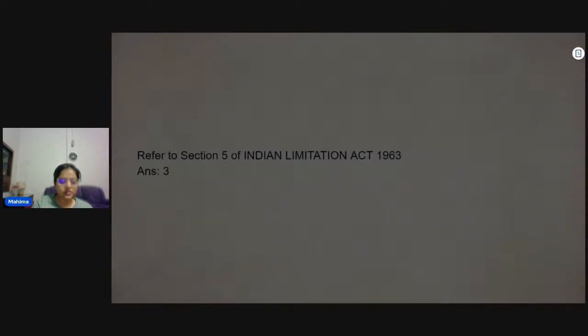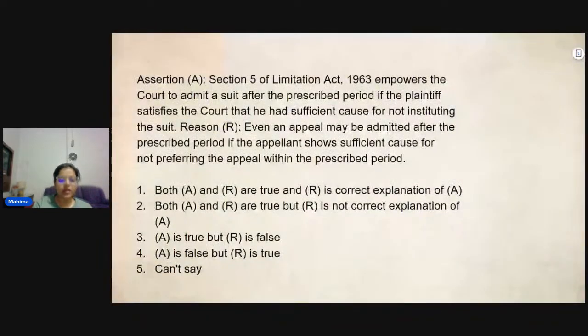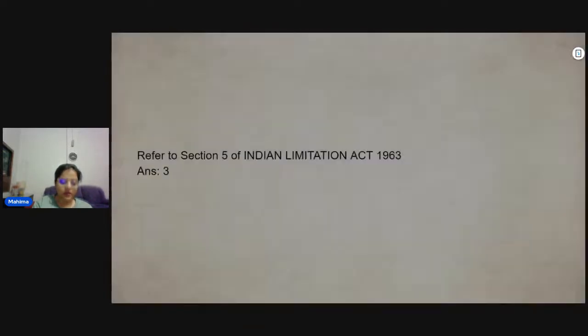So the correct answer is not 3, but answer 4 here. Section 5 is not applicable on a suit. No, Section 5 is not applicable on suits. So this word is derogatory. So A is literally wrong. If you go with the literal interpretation, assertion will be wrong. Yes. Then option 4 is right.